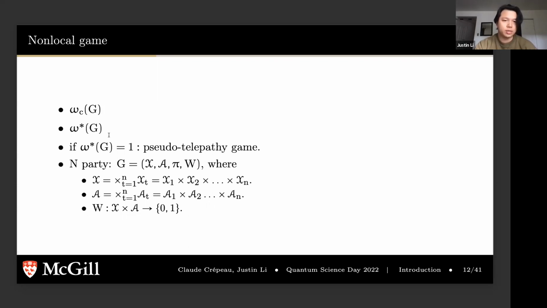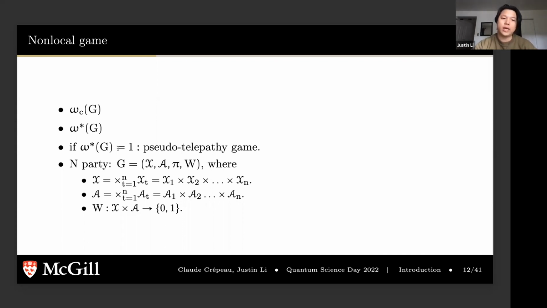And the second term here is the quantum value of the game. It's when players can share quantum states and operate on their individual qubits in order to answer back the questions. And when a non-local game has a quantum value of 1, meaning that if players have a proper quantum strategy, they can always win the game no matter what input the verifier has asked, then we call these games pseudo-telepathy games.